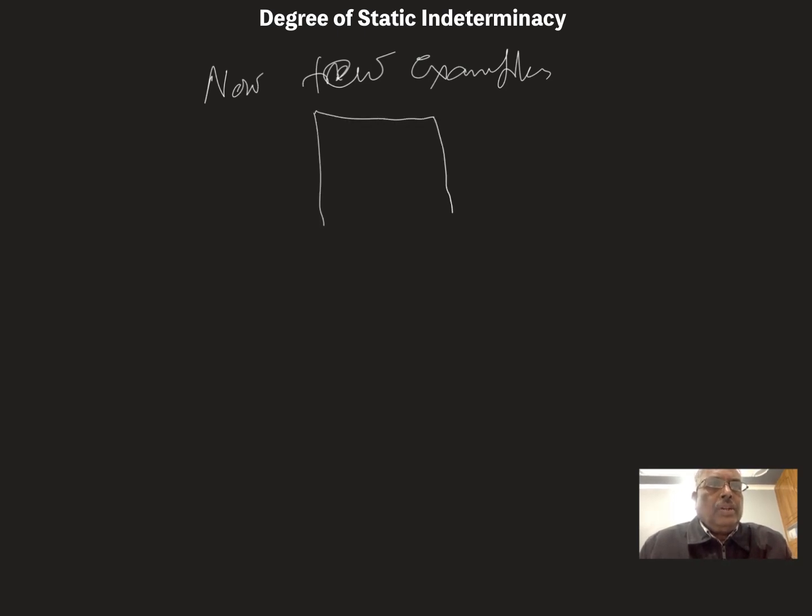Now I am taking a few examples to solve by Henderson's rule. So there is a simple one-bay frame. I want to find out the total indeterminacy.